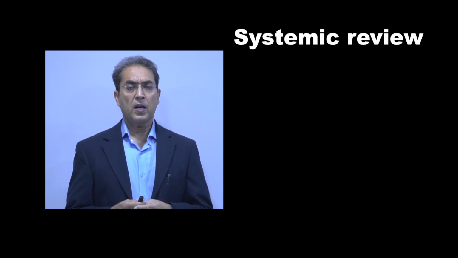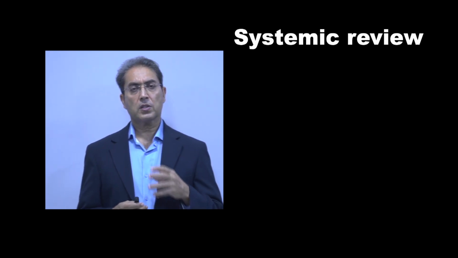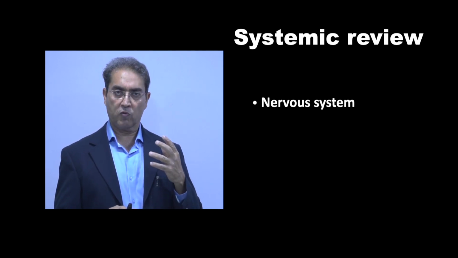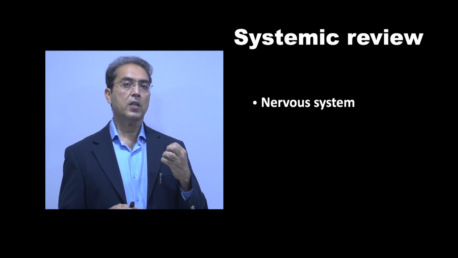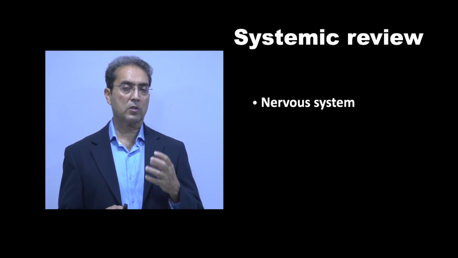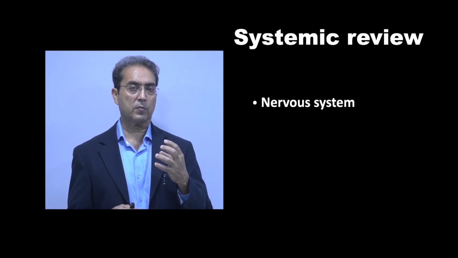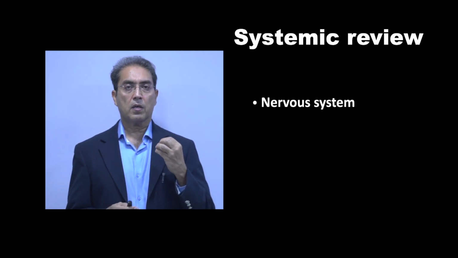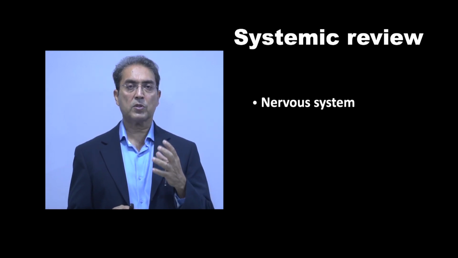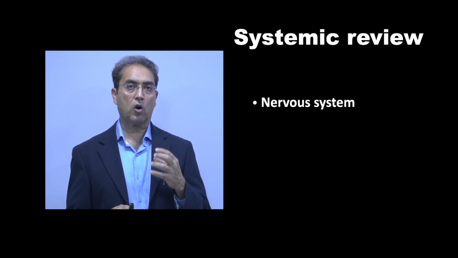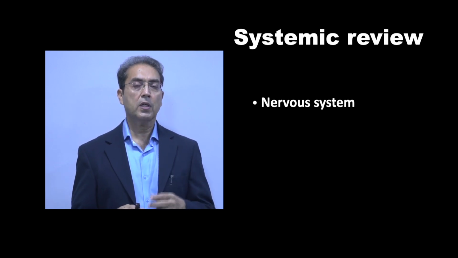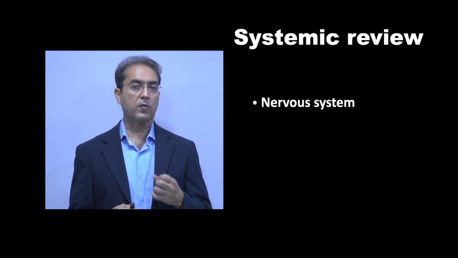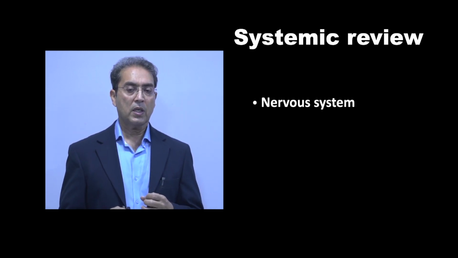Then finally, we go for a systemic review. In systemic review, we check all the organ systems one by one. We go for the complaints of the nervous system, like you question patients about symptoms in the nervous system, that is any headaches or any symptoms in the territory of cranial nerves or the long tracts. Sometimes you have to put leading questions to these patients to evaluate the various organ systems.